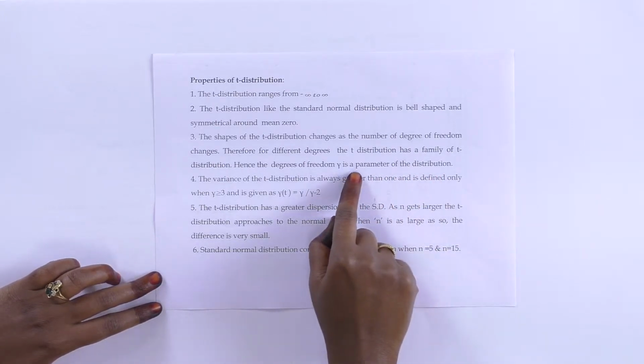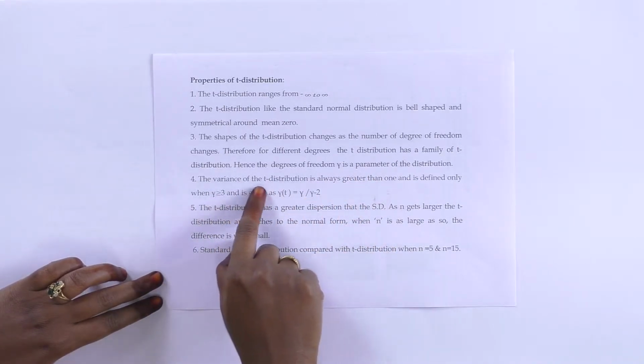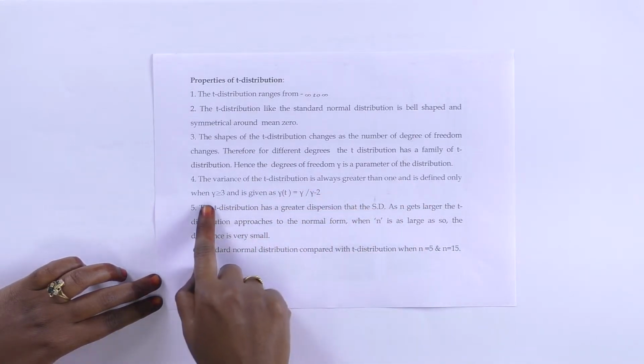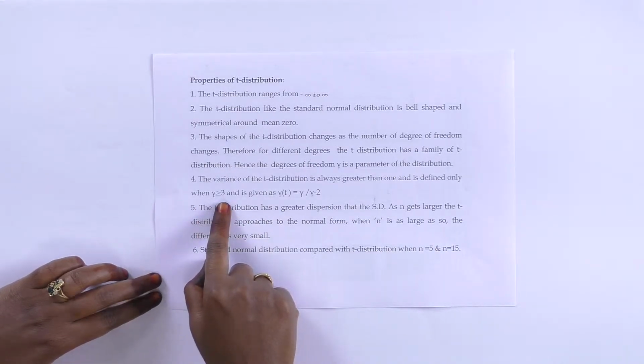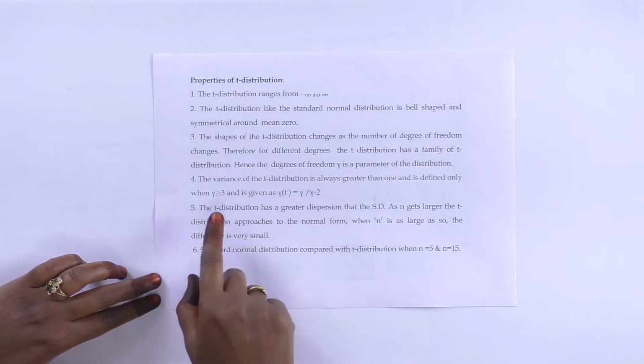Depending upon the degrees of freedom, the representation of the curve also varies. The variance of the t-distribution is always greater than 1, and it is defined only when nu is greater than or equal to 3, and is given as nu divided by nu minus 2.